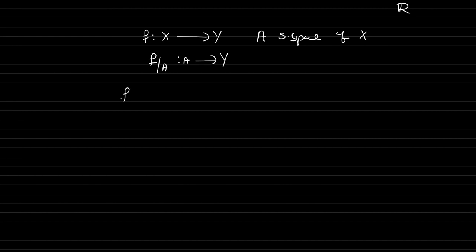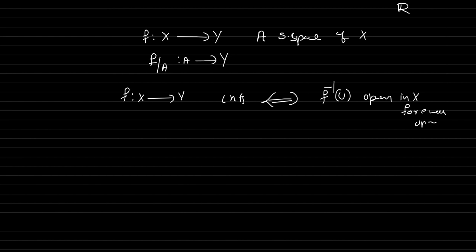F from X to Y is continuous, so this implies that f inverse of U is open in X for every open set U in Y.